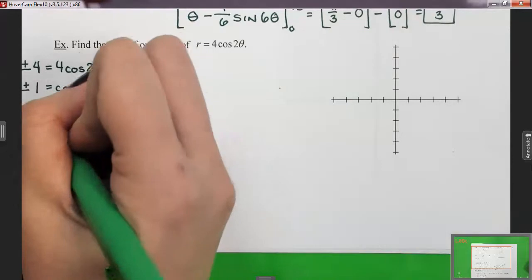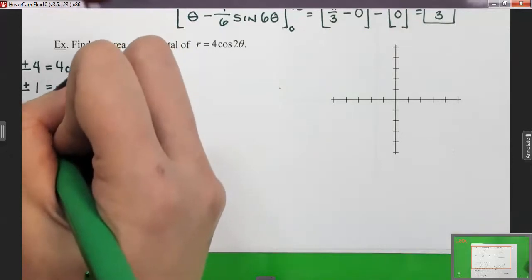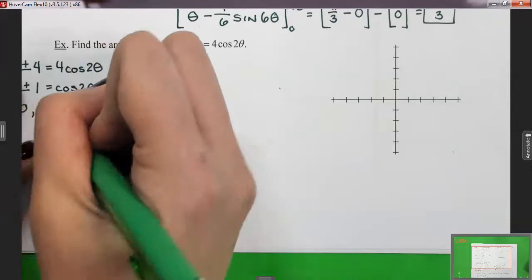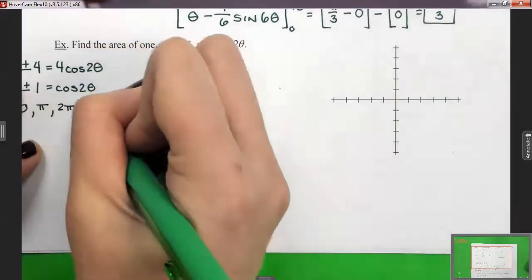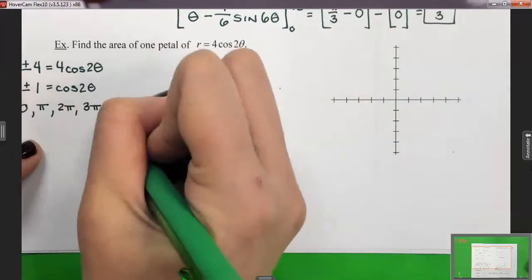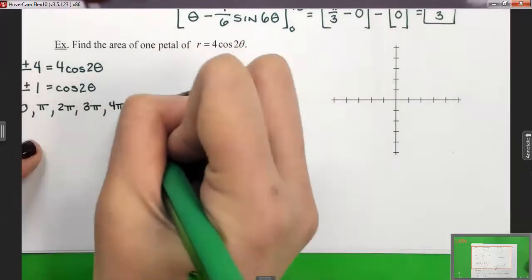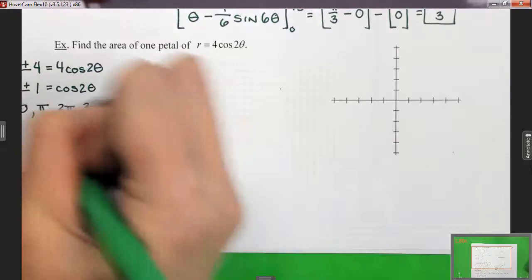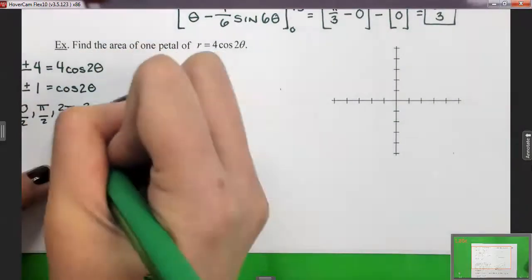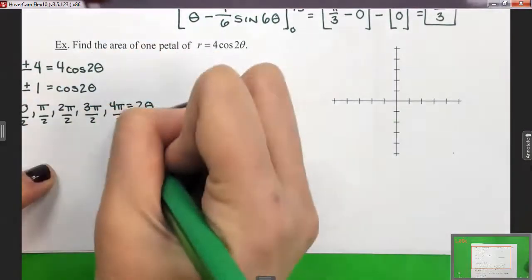I decided, even if I want roses, I did 0 to pi root 4. So you just do half, right? The half of the rose is half the area. If I know there's 2 roses, you do half that.